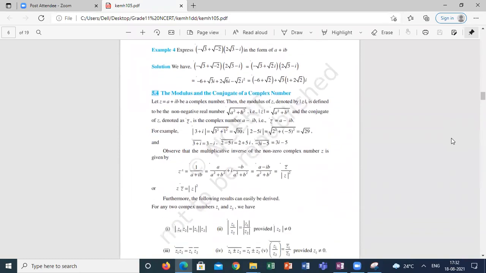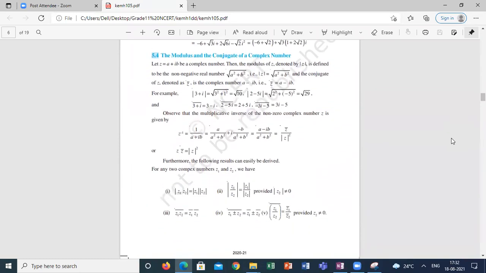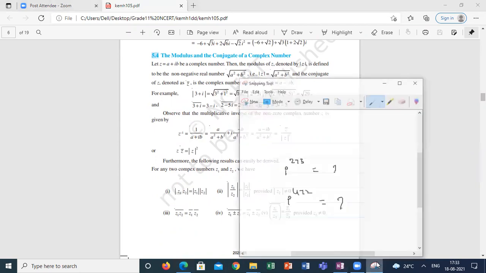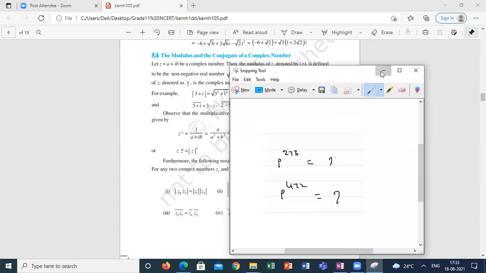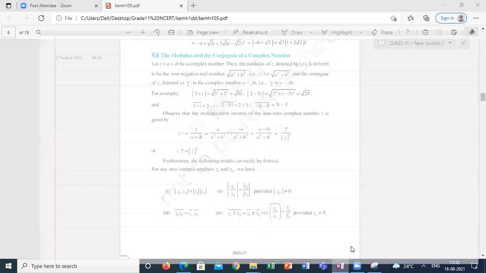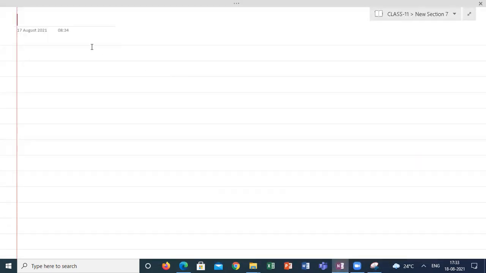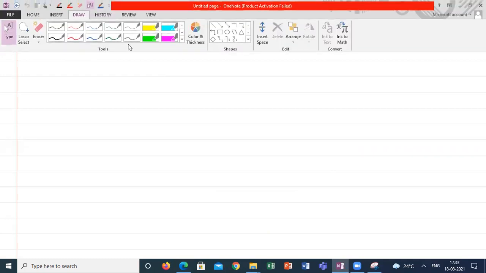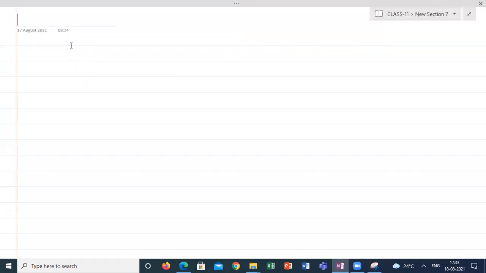Modulus and the conjugate of a complex number. It's very simple, like rational numbers.